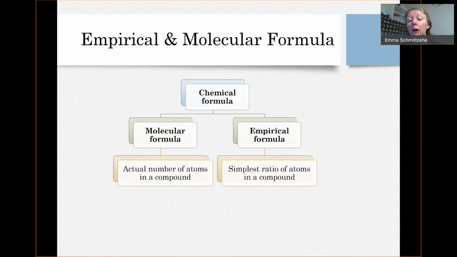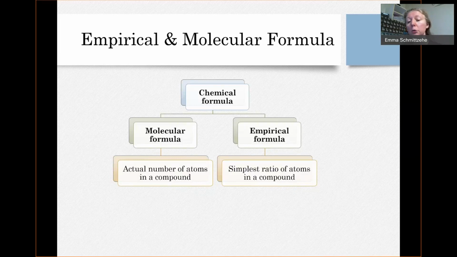So, they are different with respect to the definition, but sometimes the formula ends up being the same, but lots of times it's not. But like I said, the molecular formula is usually what we want to know. So we usually want to know how many actual atoms of each element are in a particular compound. But sometimes just knowing the simplest ratio is good enough.